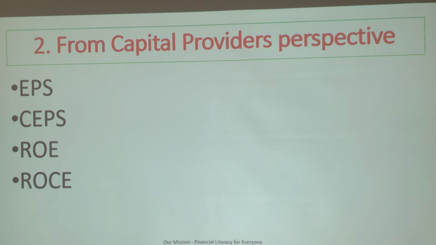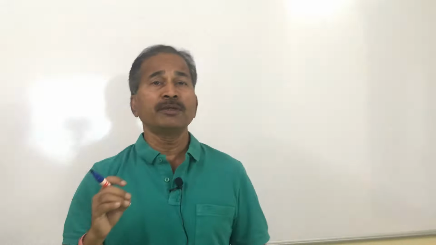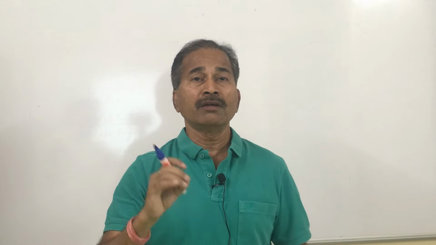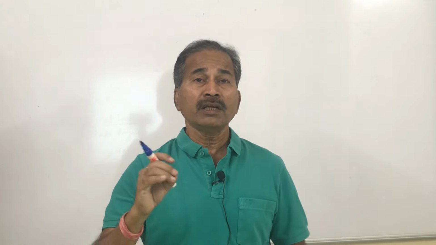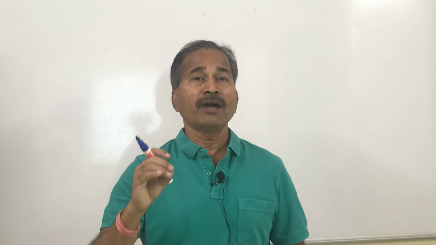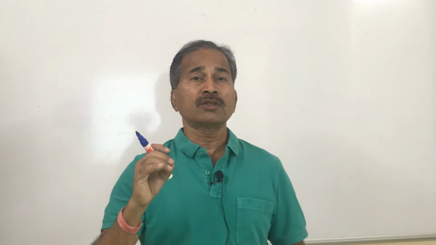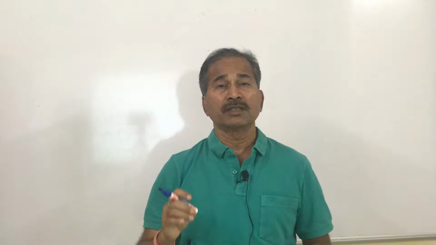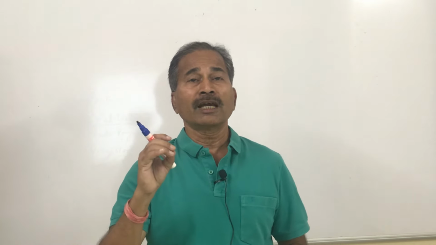So from the perspective of capital provider, how do we evaluate profitability? What are the ratios that we calculate for evaluating performance of a business, profitability of a business from the perspective of capital provider?